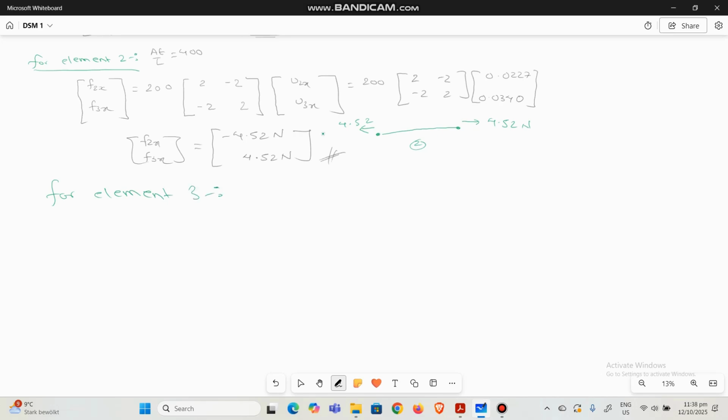For element 3, we had been given the A by L value as 600 Newton per mm. So we just take 200 common and multiply with 3 inside.